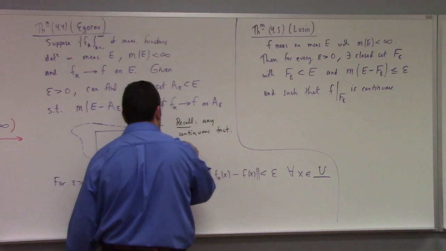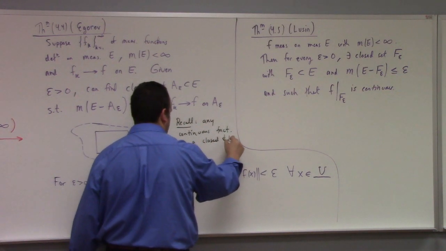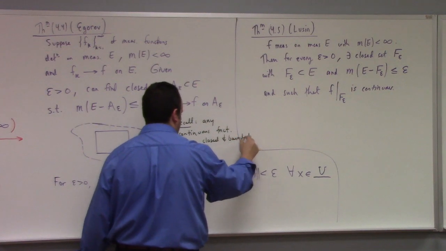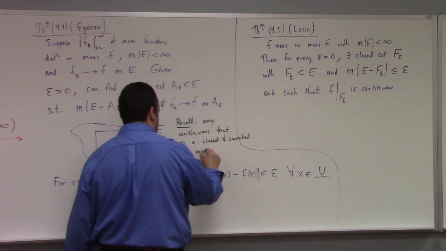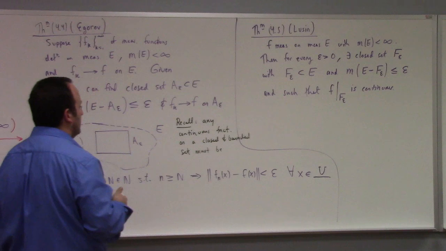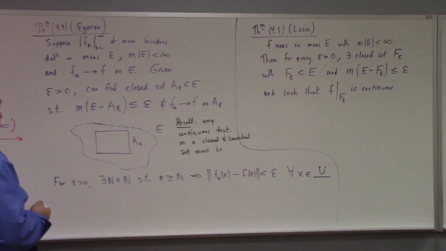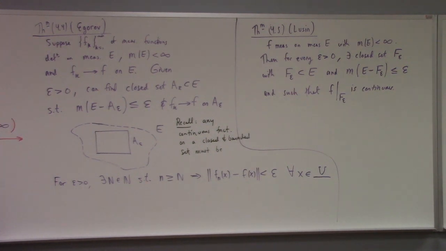Any continuous function on a closed and bounded set must be, how's that go? So you guys are thinking that if we have continuous on a closed and bounded set, then the function is bounded. This is the extreme value theorem.